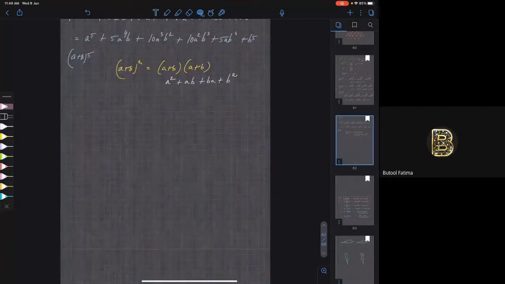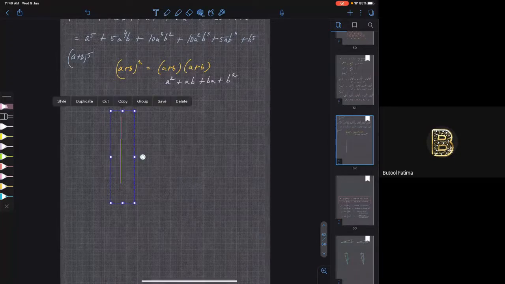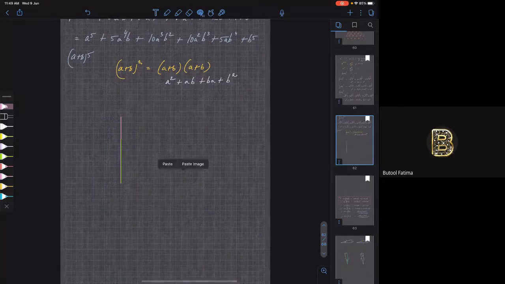There are various other ways also. For example, if this is a plus b, so this is a and this green line is b. I'll copy and paste this, rotate it like this and join it here.